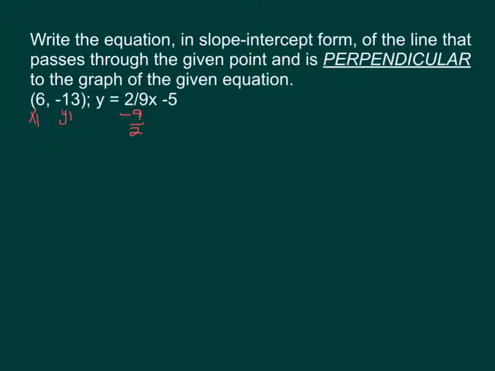Now we use the point slope formula and plug it in. Y minus a -13, so y plus 13, is equal to -9/2 times x minus 6. We have to distribute.